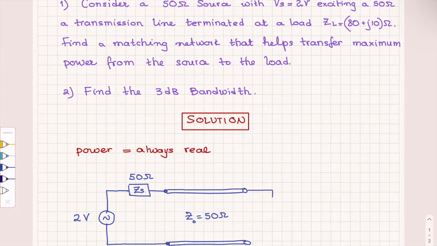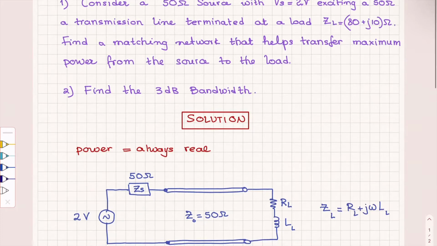So the load practically has a resistor and an inductor. And if this resistor is R sub L, and this inductor is L sub L, then my load, Z sub L, would be R sub L plus J omega L sub L.